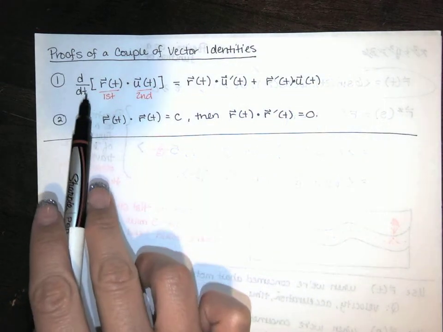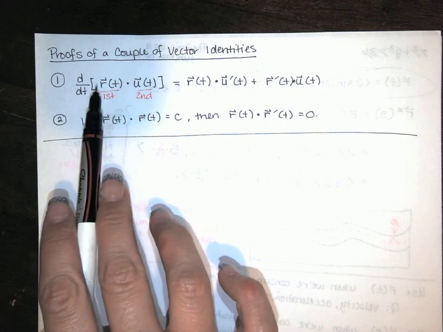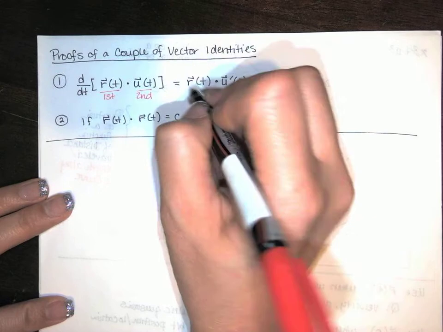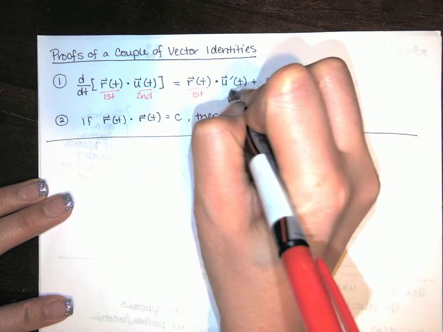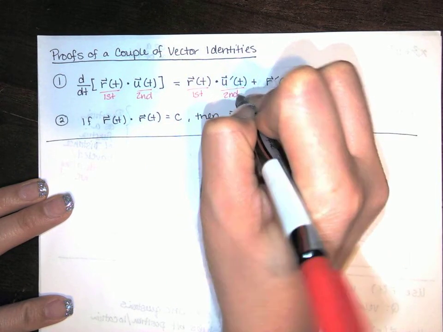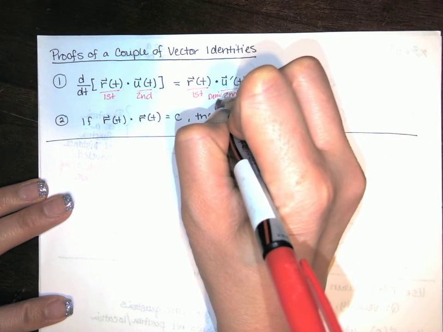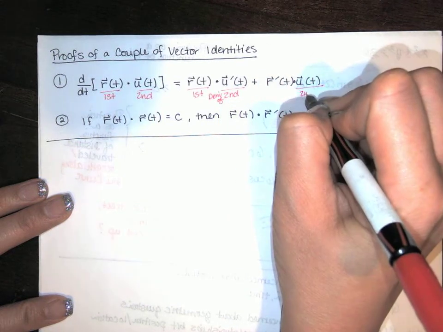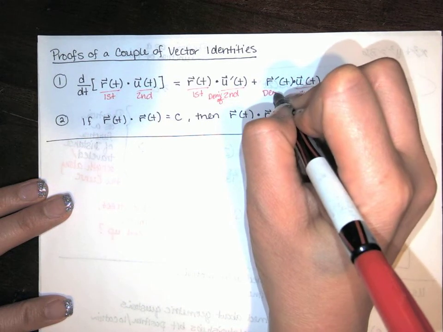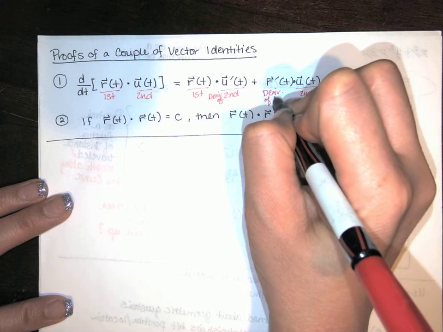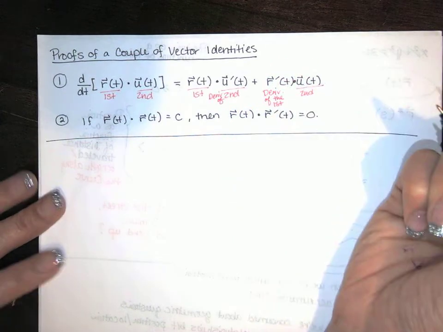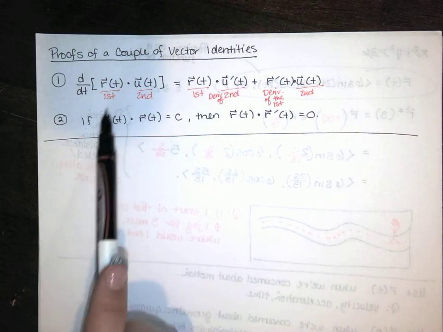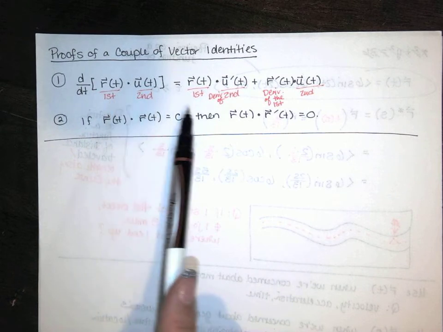The derivative of this vector function dotted with this vector function is the first dotted with the derivative of the second plus the second dotted with the derivative of the first. Now I know that normally when I say the product rule, I say it in a slightly different order, but the principle holds.